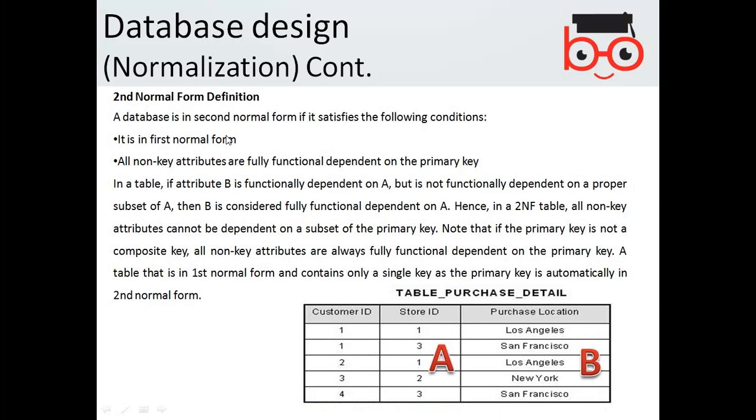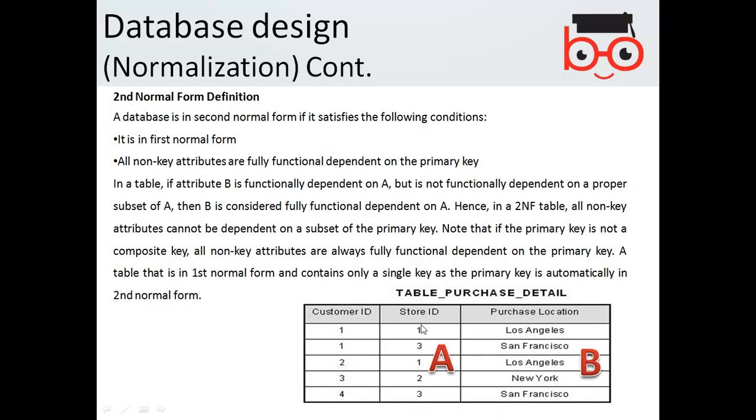Now we come to the second normal form. Second normal form is a condition when the table is definitely in the first normal form, as well as all non-key attributes are fully functionally dependent on the primary key. For example, if you look at this, the purchase location is dependent on store ID.